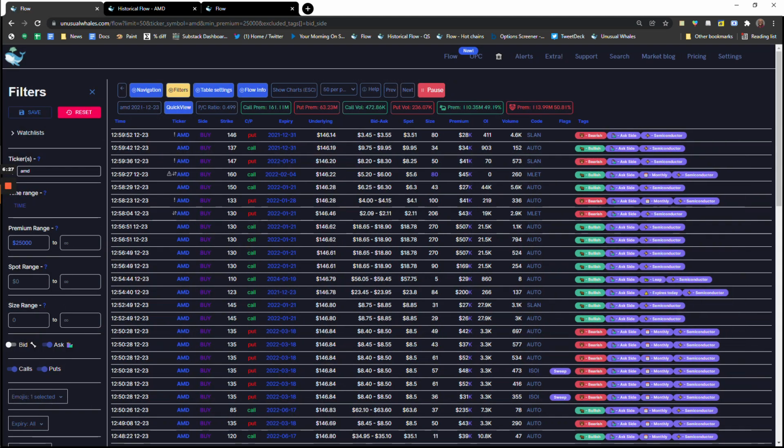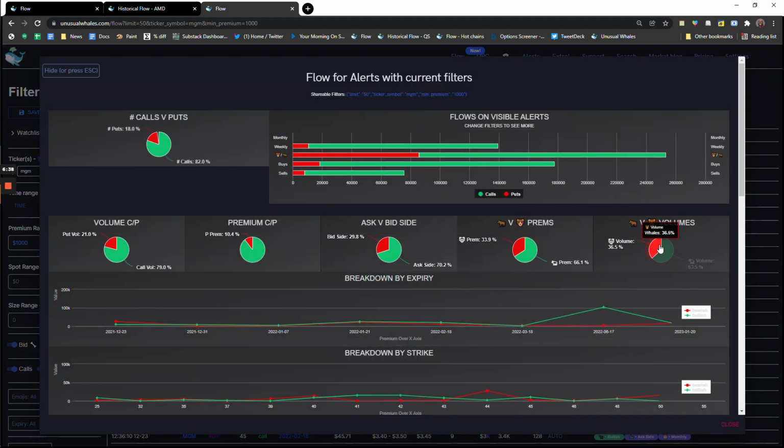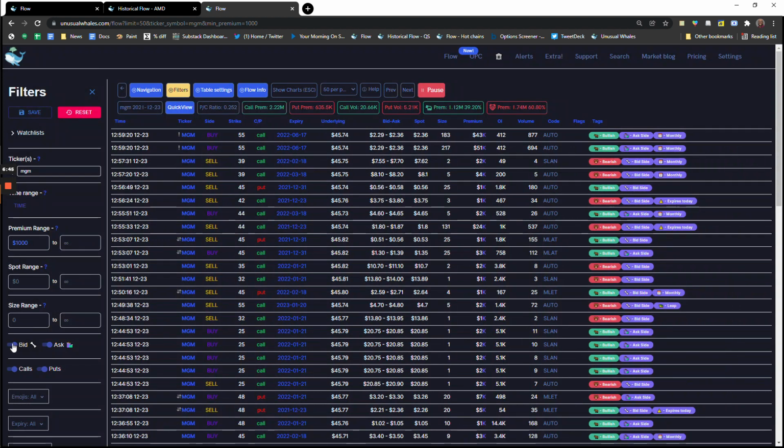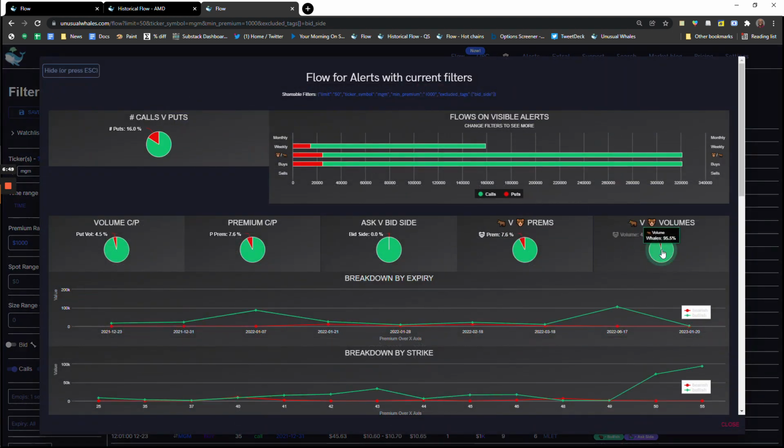But let's look at another example really quick. I pulled up MGM over here. With the bid and ask on, MGM is 63.5% bullish. Still convincingly bullish, but let's look what happens when we make that ask side only. It becomes 95% bullish.